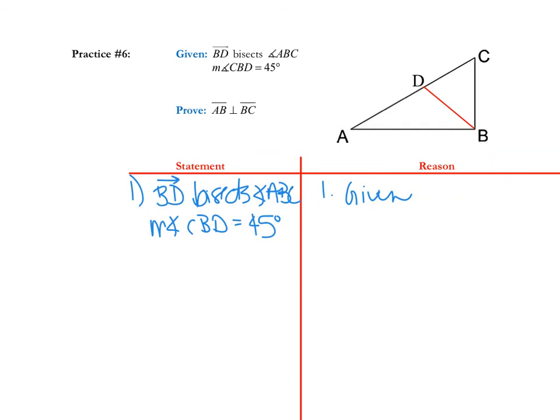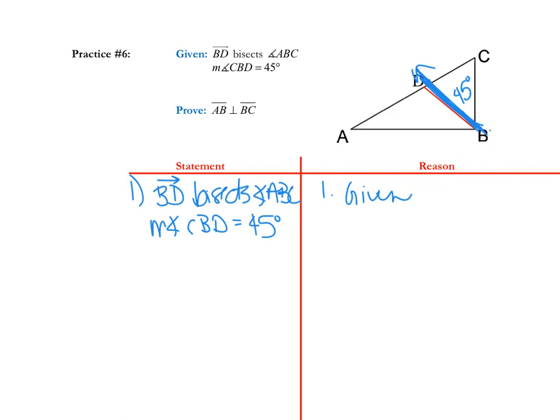Okay, so ray BD bisects ABC. And we know that CBD is 45 degrees. Prove that AB is perpendicular to BC.